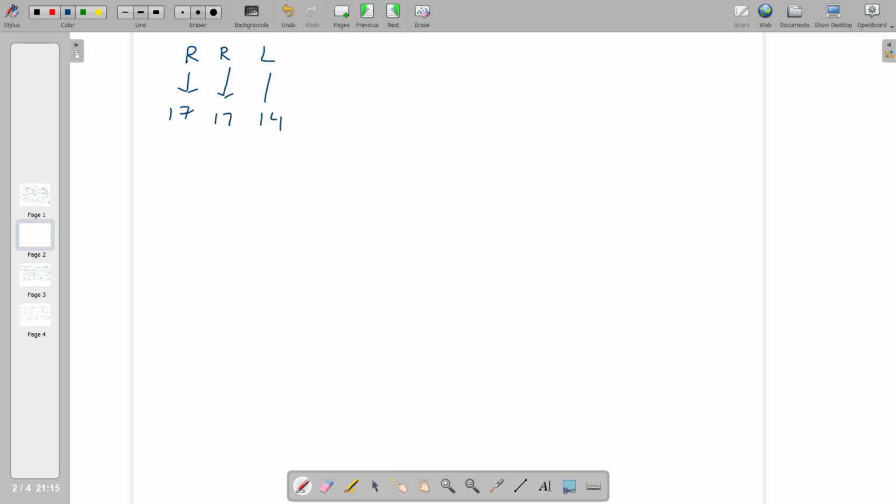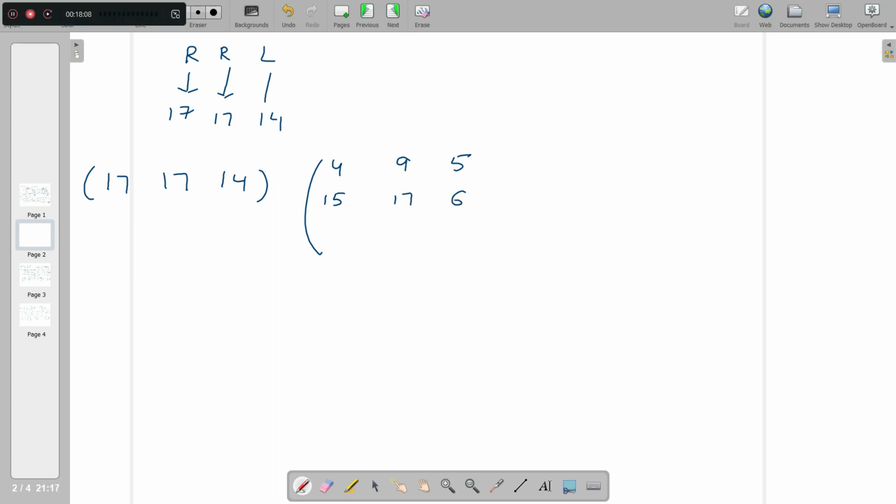So what can we do? We can use this ciphertext with K inverse, and K inverse is 4, 9, 5, 15, 17, 6 and 24, 0 and 17.